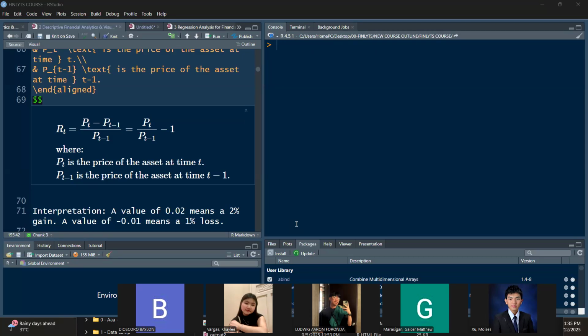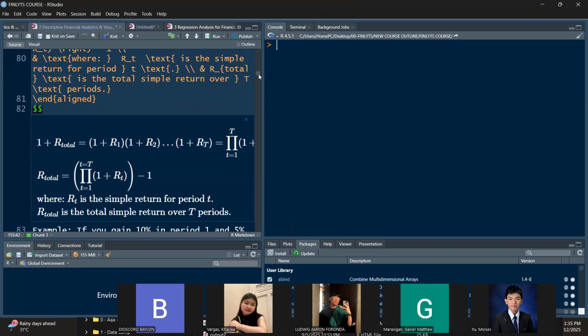I accidentally deleted it. So 10%, 6%, 5%. I think there was a loss of 4%, loss of 3%, and then a return of 1%. Of course, the formula, class, as suggested here, if it's multiple periods, it's just 1 plus R1, 1 plus R2.